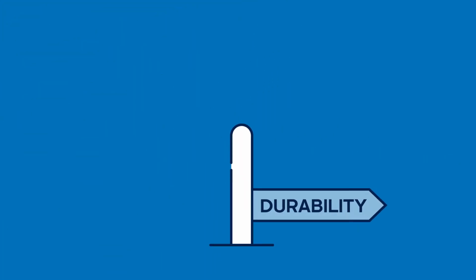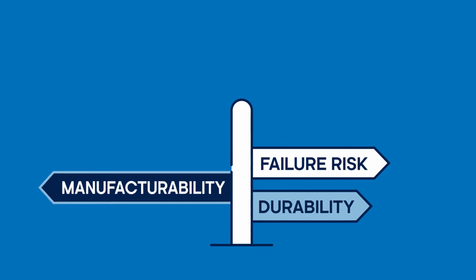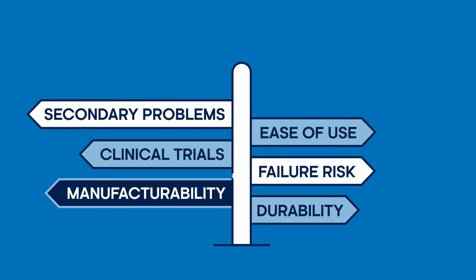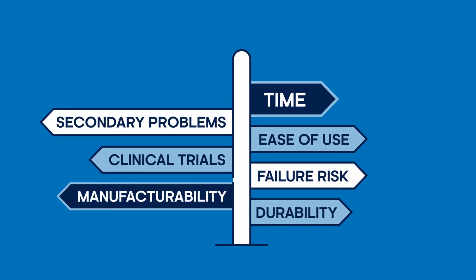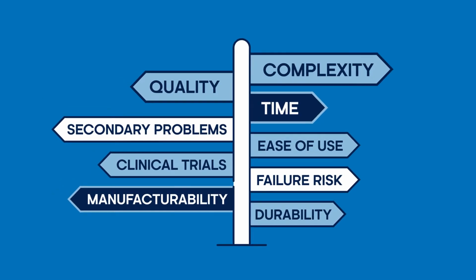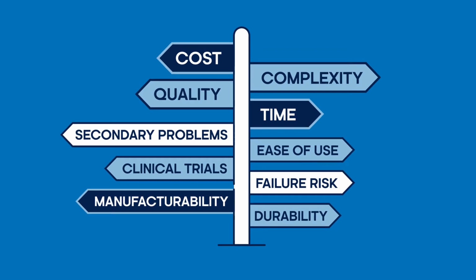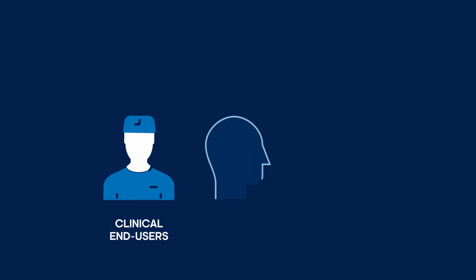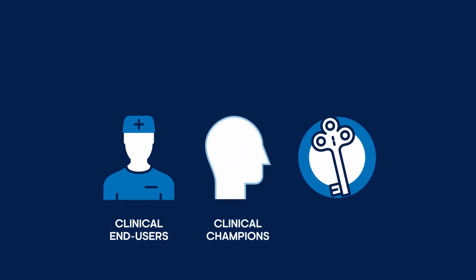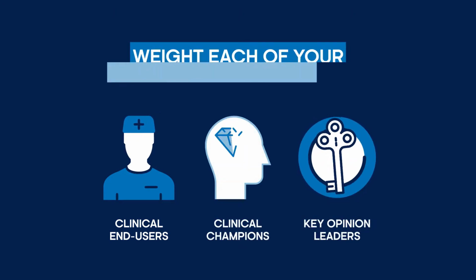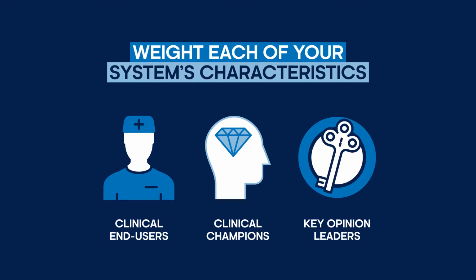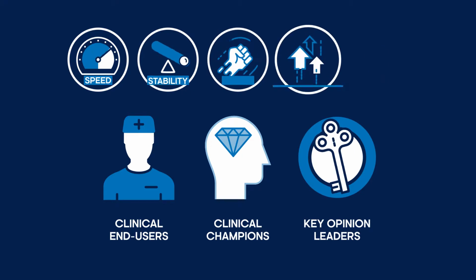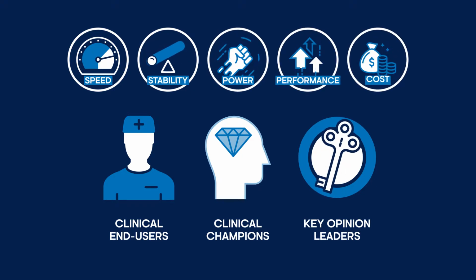The next difficulty is to prioritize the ideal solution. To do this, you will need to list all the characteristics of your specific system. While every system is different, characteristics such as cost, complexity, quality and time will occur frequently. You will need to work with your end users, your clinical champion and other key opinion leaders to weight each of your system's characteristics before applying that weighting to each concept design solution, which you generate with the help of the TRIZ matrix.